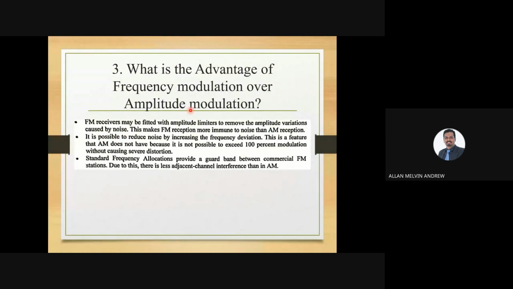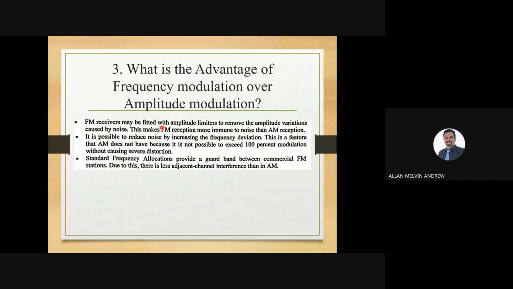Amplitude limiters are like filters: they filter the amplitude, so higher amplitude will be cut or normalized. When it does that, you can reduce the noise. This makes frequency modulation reception more immune to noise than amplitude modulation reception.